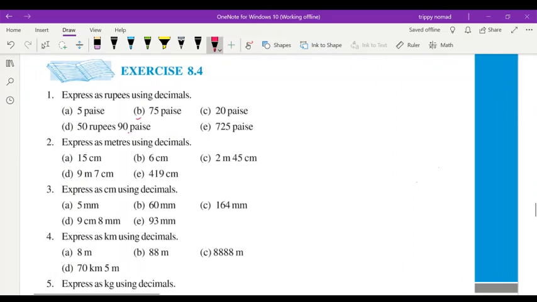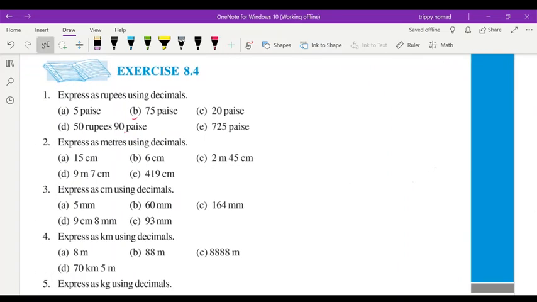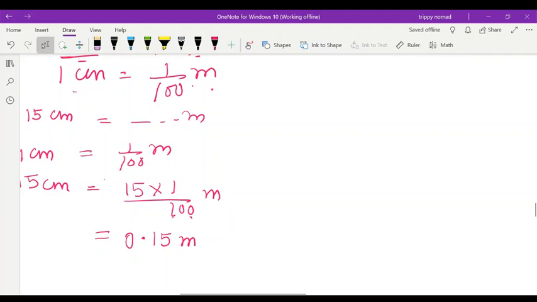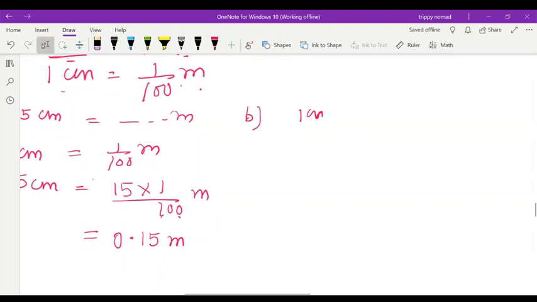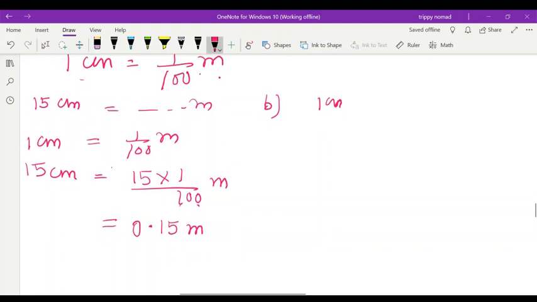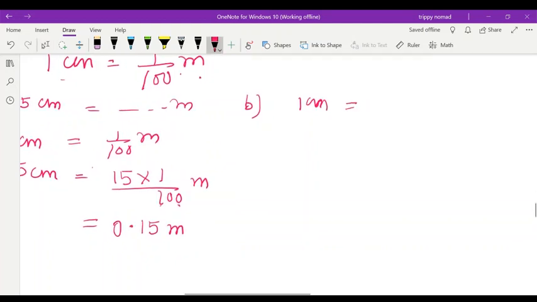Same way, children, here next one. 6 centimeter. 1 centimeter is equal to 1 upon 100 meter. 6 centimeter is equal to 6 into 1 upon 100 meter.